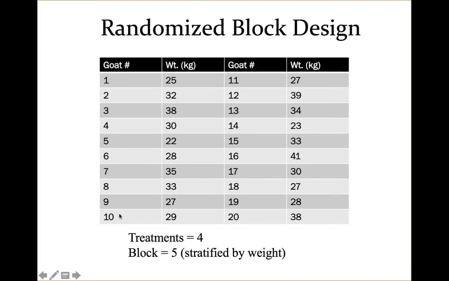Here's 1 through 10, and over here is 11 through 20. In this study, we've got 4 treatments, and we have 5 blocks. The blocks are actually weight categories, and so we call this being stratified by weight.